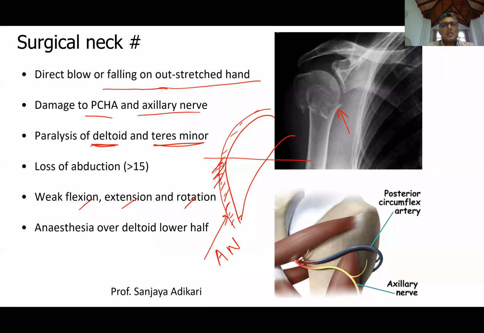You will get anesthesia of the skin over the lower half of the deltoid. Over the upper half of the deltoid, which is the tip of the shoulder, the supply is by the supraclavicular nerves from the C4 segment, whereas here it's the axillary nerve from the C5 segment.